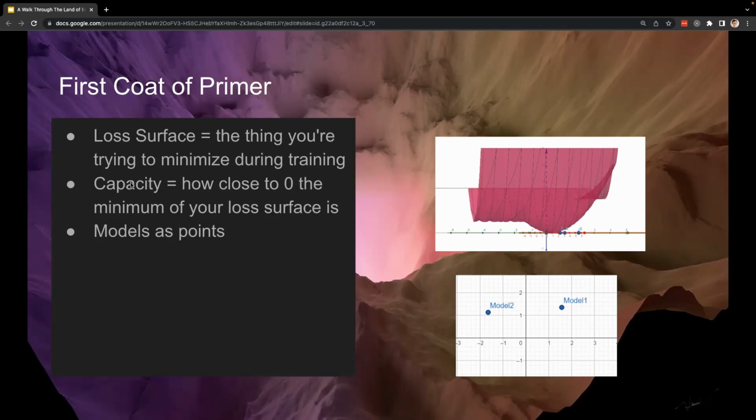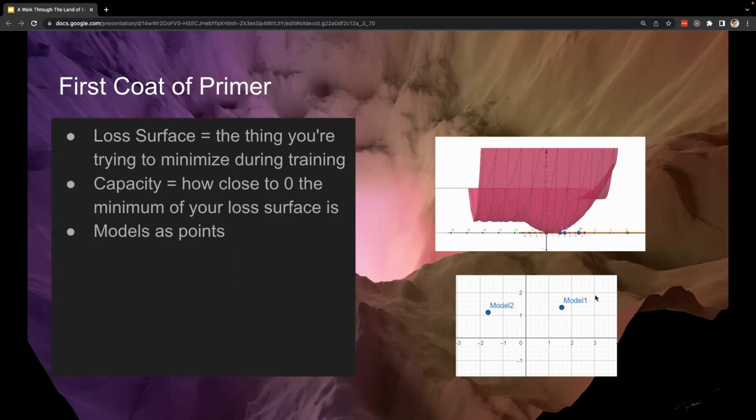And then, people talk about a network's capacity. All that is, in the context of loss surfaces, is how close to 0 the minimum of your surface is. So if you're looking here, this one has great capacity because its minimum is at 0, right? And one other thing to think about, when you're looking at these loss surfaces in weight space, is that you can think of a model as a point in weight space.